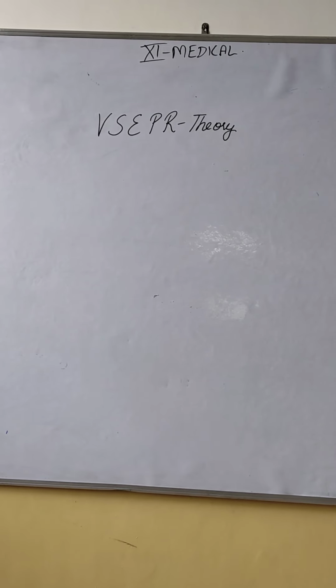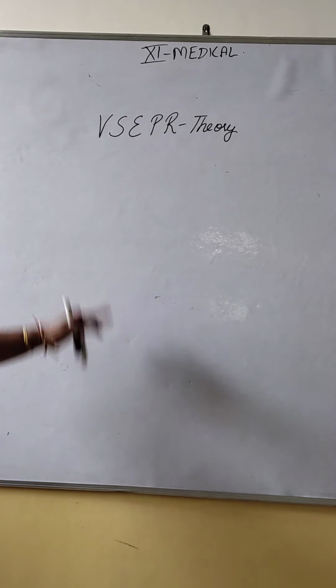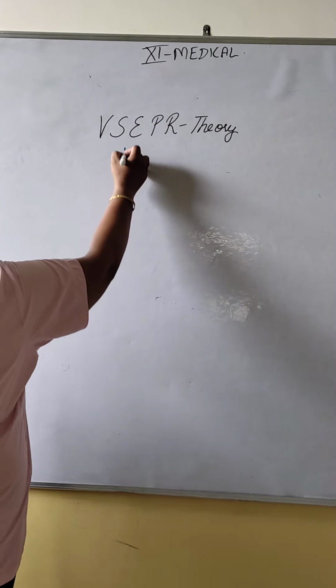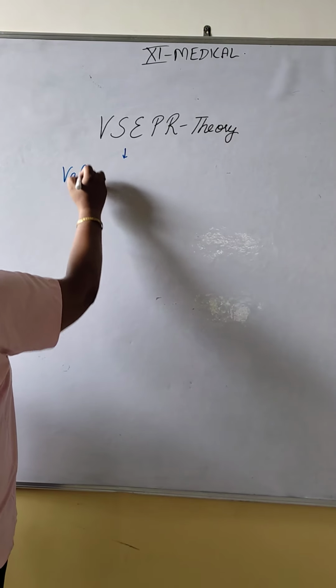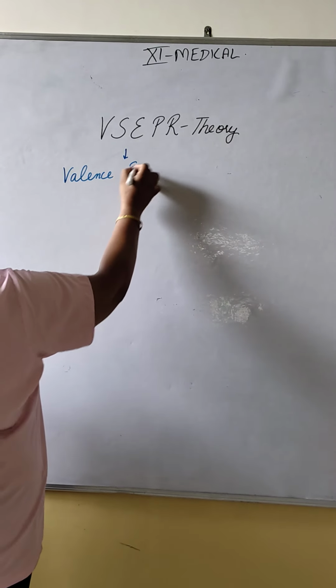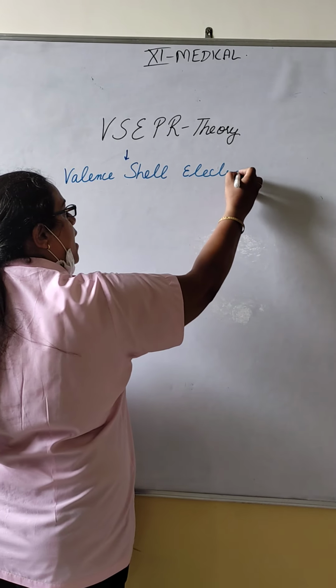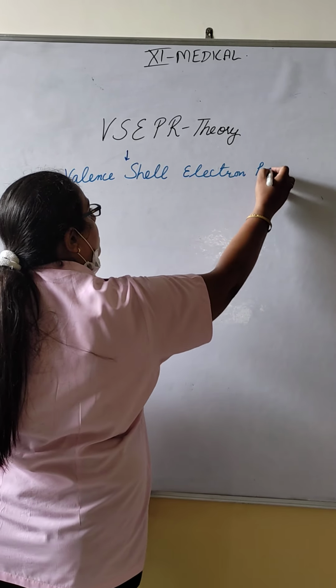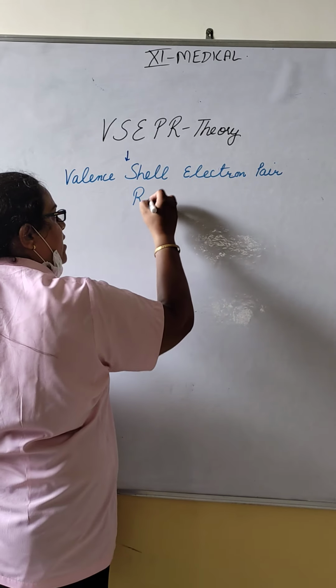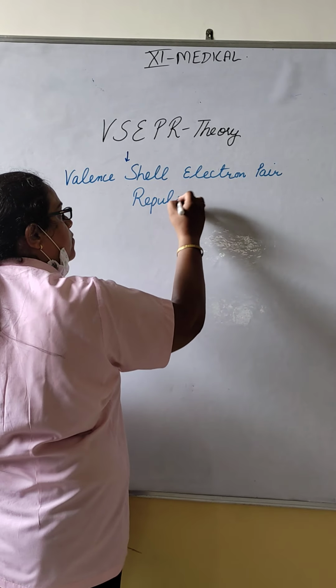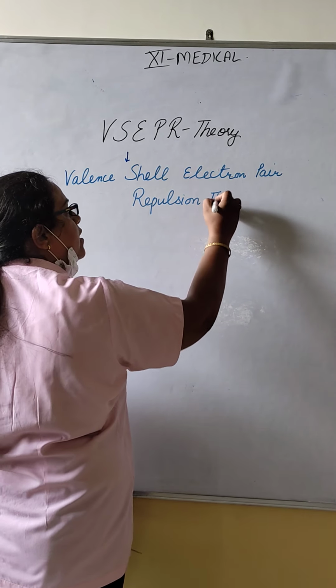My dear students, in this class we will start with VSEPR theory, that is valence shell electron pair repulsion theory.